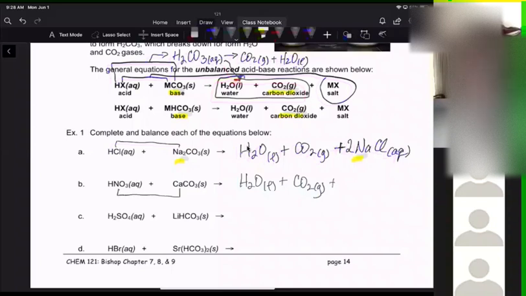So remember, we have to form our neutral compounds, use the solubility rules to identify if they're solid or aqueous, and balance.